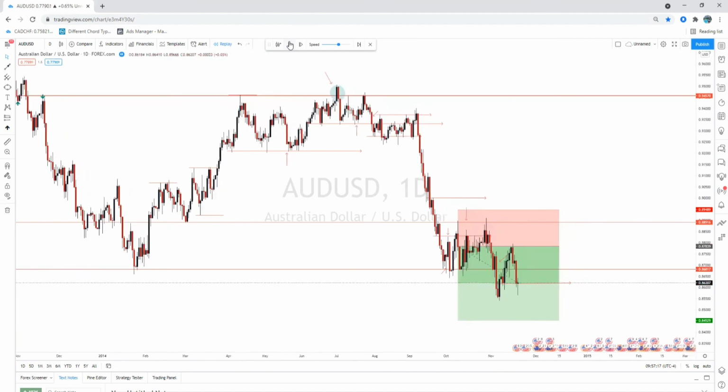All right. So, okay. Indecision at that level. Am I trading it? Yeah, could be a breakout on a small time frame. Stop loss above.